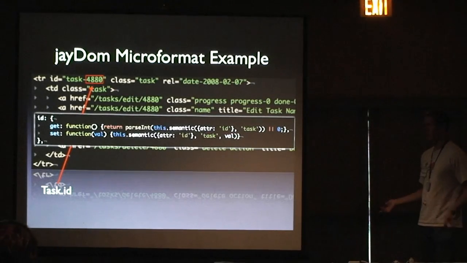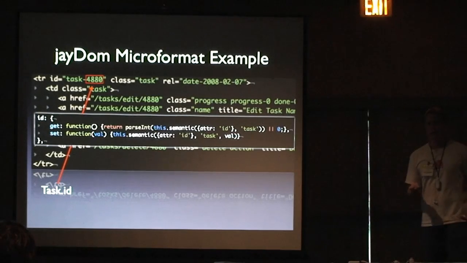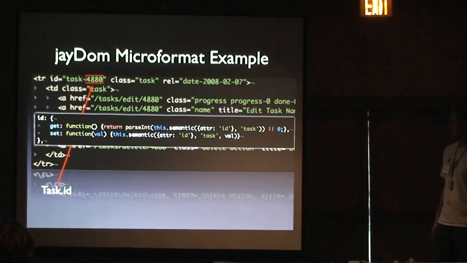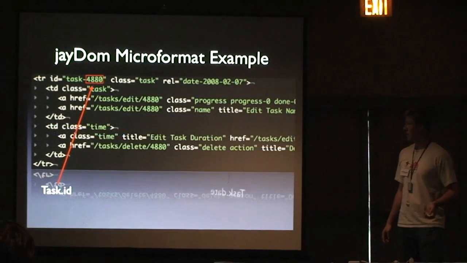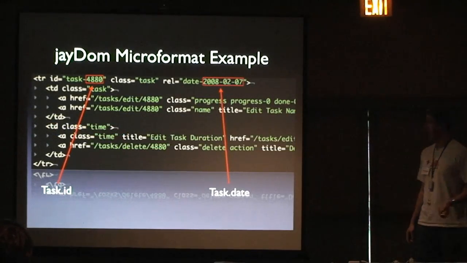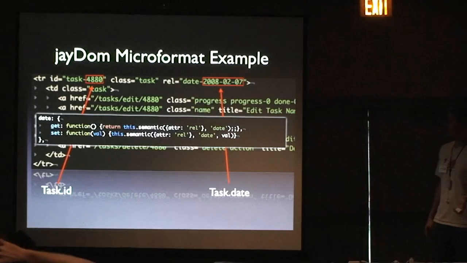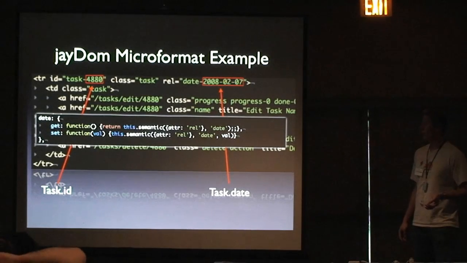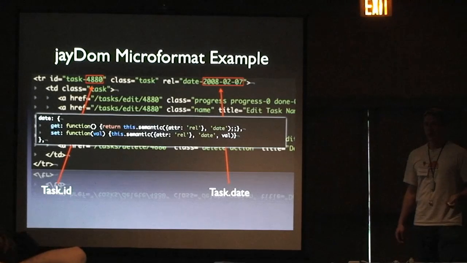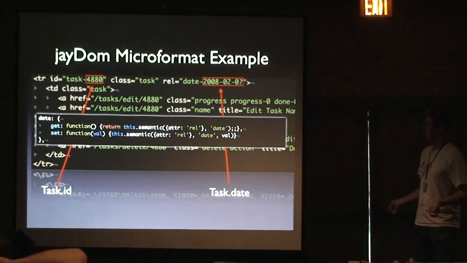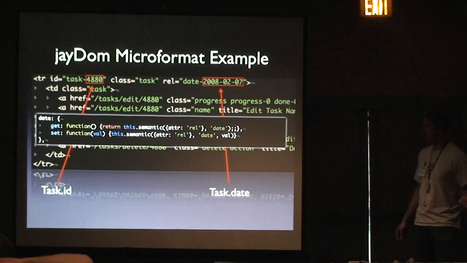And you also have the set function. So this is how you get an ID from the DOM and back in there. Then we have the task.date, which is essentially the same thing. This time, instead of using the ID attribute, we use the rel attribute to get stuff in the DOM and out of it with the get and set function.